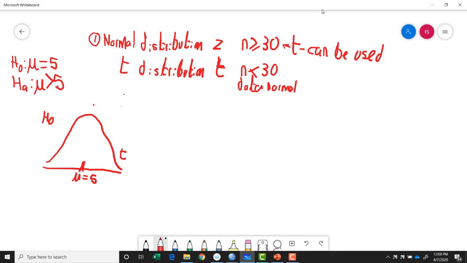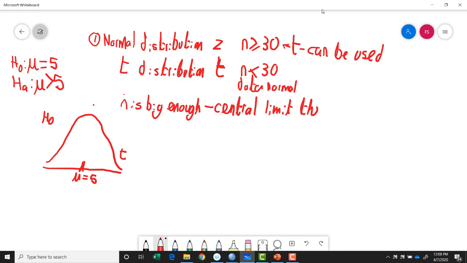So if n is big enough, this thing called the central limit theorem, which we'd talk more about if this was a stats class, kicks in and we can use these distributions. Now, this has a mean of 5, and it also has a standard error of s over root n.